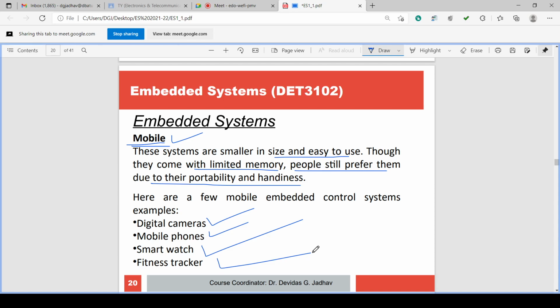You can walk and your distance will be counted, your number of steps will be counted, and all other facilities are there. You can have the browsers inside it. You can browse the internet. You can have a lot of apps, and you can have the social media apps also. So mobile phone is an embedded system example.